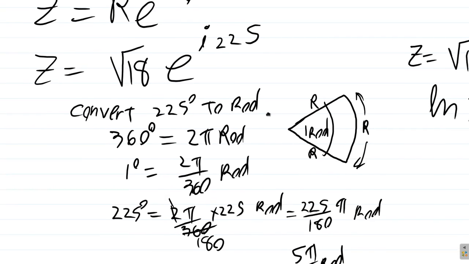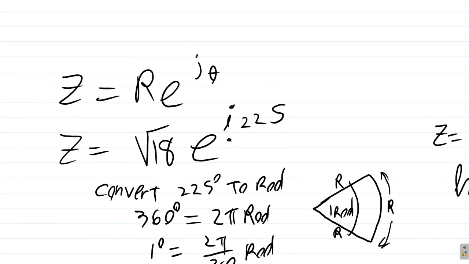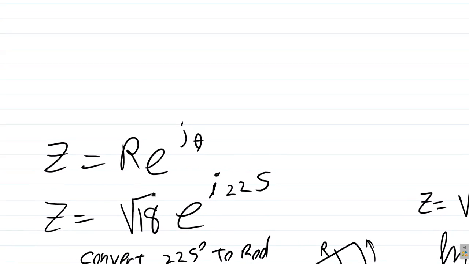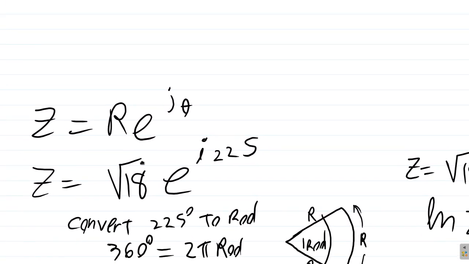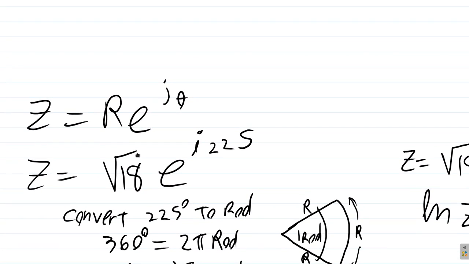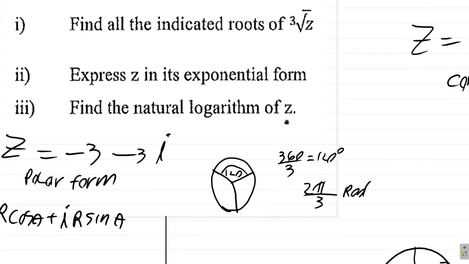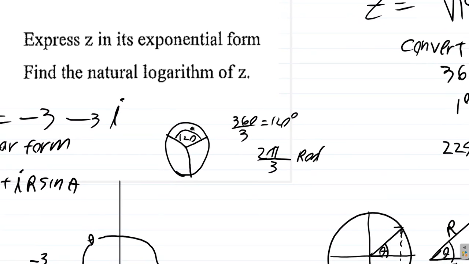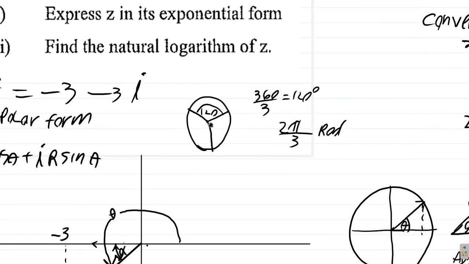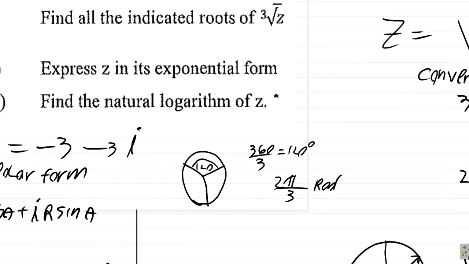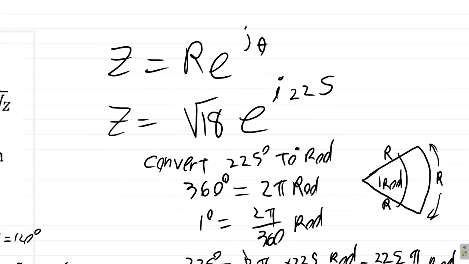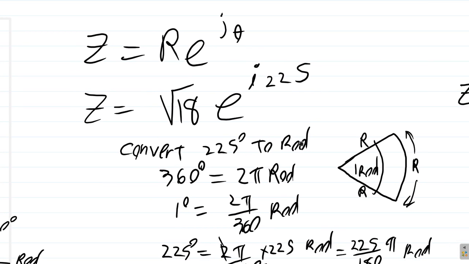So z is equal to r. The original thing was 3 times 3 is 9, 9 plus 9, 18. The magnitude was the square root of 18, right? Just double checking and seeing something here.